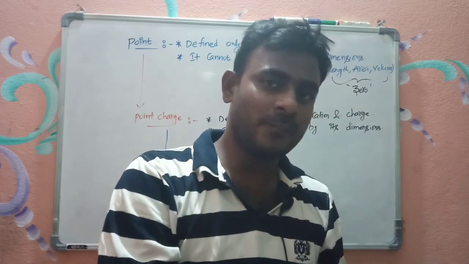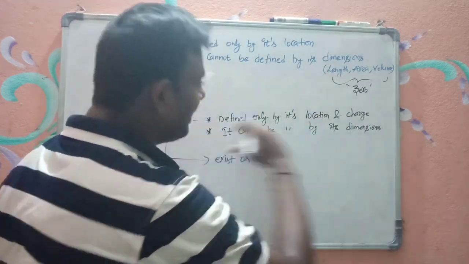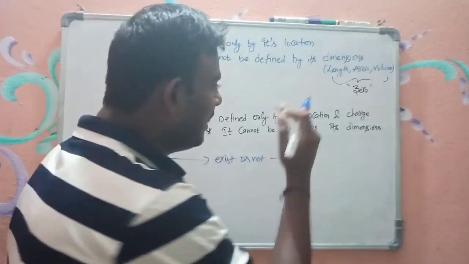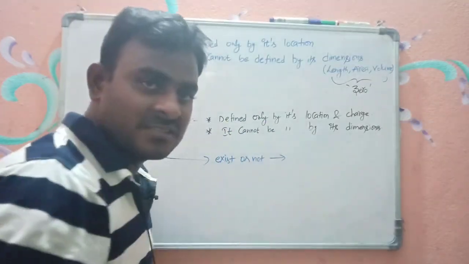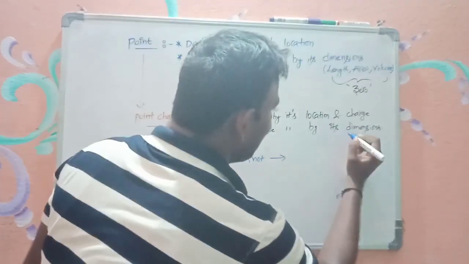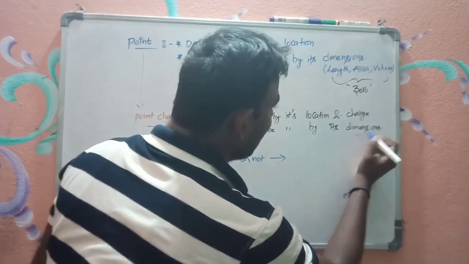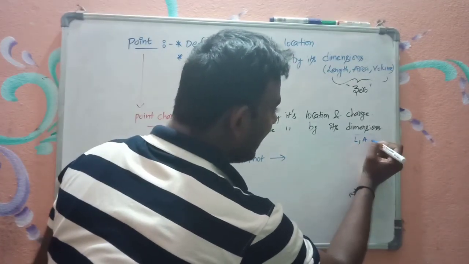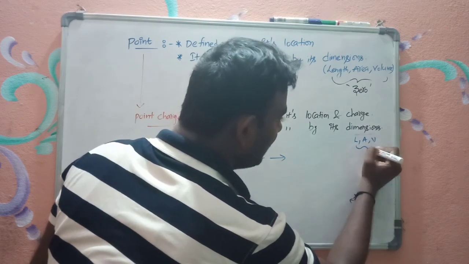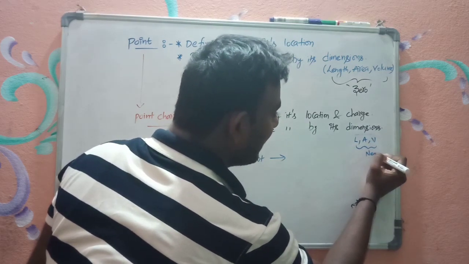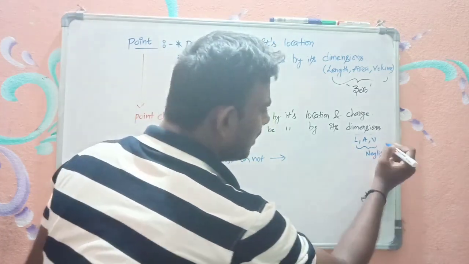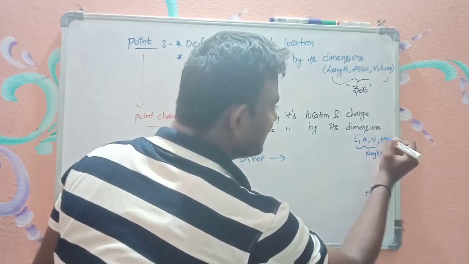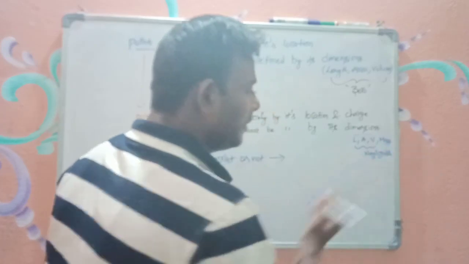What are the properties of a point charge? The first property is that it must be defined by its location and charge, not by its dimensions. It indicates that the length, area or volume must be very negligible values, or you can sometimes consider its mass also.